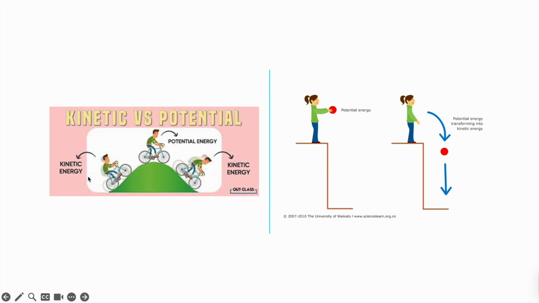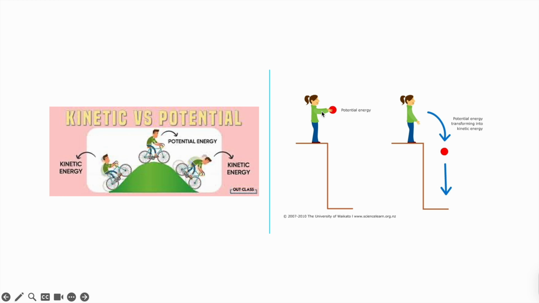If we take a look at this guy riding his bike, as he's going up the hill, he's using kinetic energy, he's moving. But once he's at the top, there's a lot of potential energy. If you've ever ridden your bike to the top of a hill, you'll notice that once you start to come down, you don't even have to pedal. You just move automatically. And that's because there's stored up energy at the top. So once you come down, all that potential energy is translated to kinetic energy.